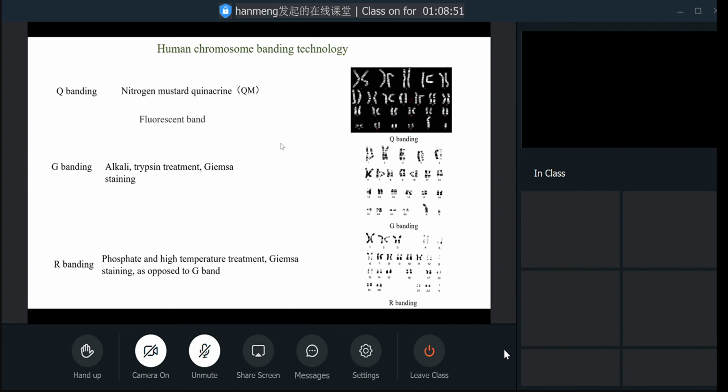So we should use fluorescent microscopy to observe the chromosome, and because it is a fluorescent band, it will easily lose the fluorescence.